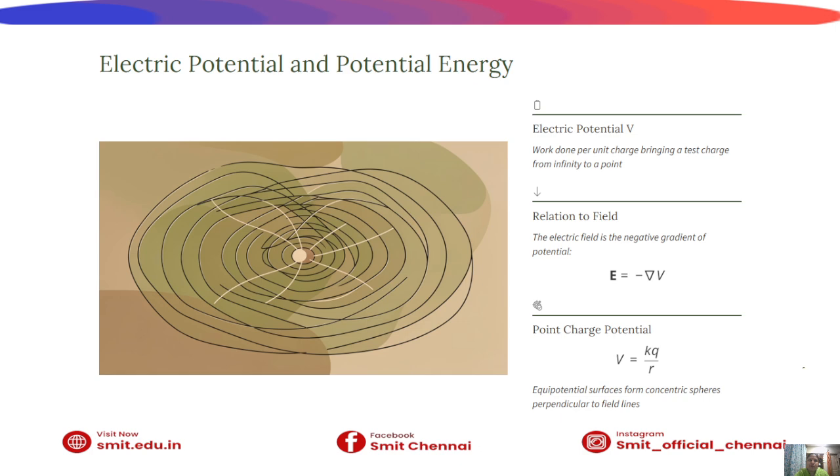The electric potential is related to the electric field by a negative gradient relationship, indicating that the electric field points in the direction of decreasing potential. For a point charge, the equipotential surfaces form concentric spheres around the charge and are always perpendicular to the electric field lines. These concepts are essential in understanding energy storage in electric fields.